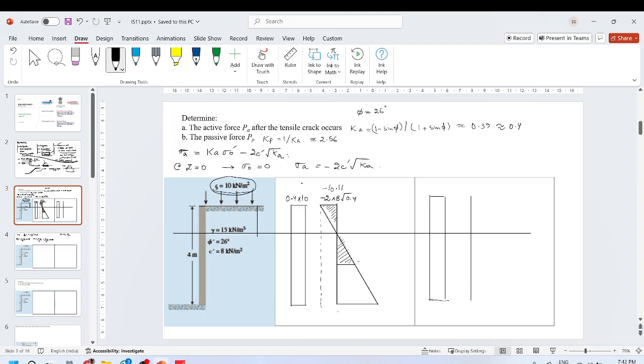Surcharge value is 4. So this will be net value 6.11, negative. Then 15 times 0.4. Okay, just have to add these now. Yes, madam.